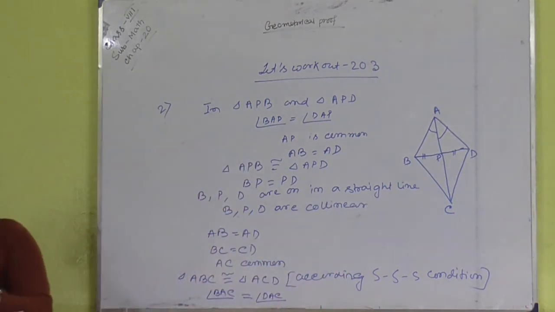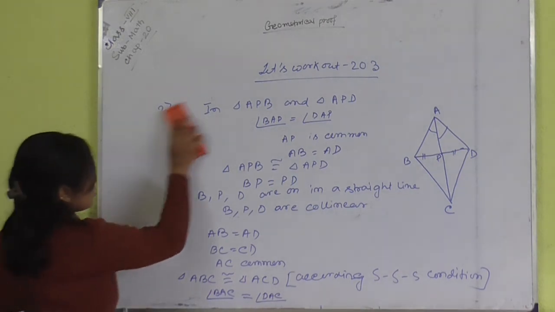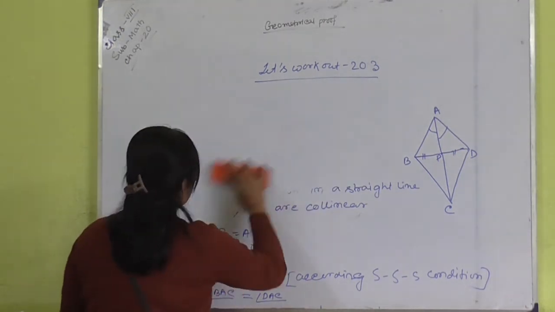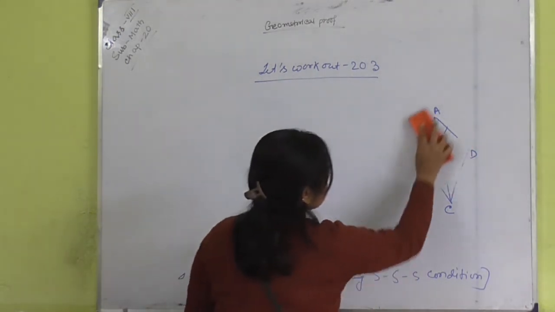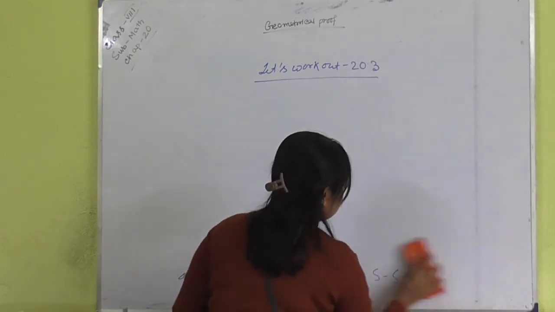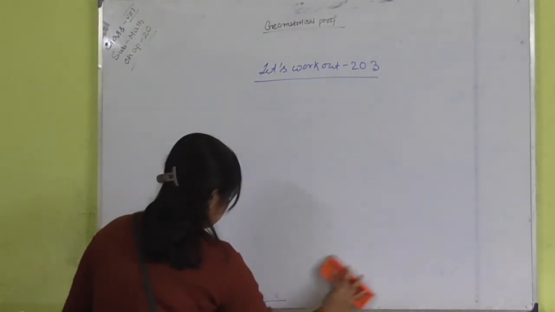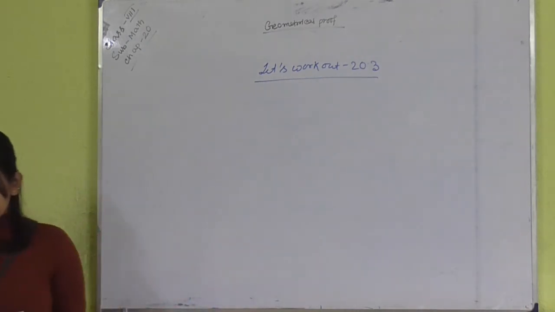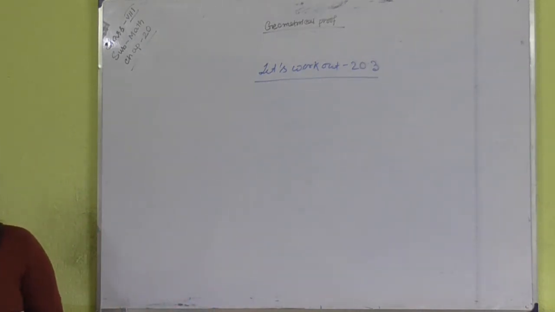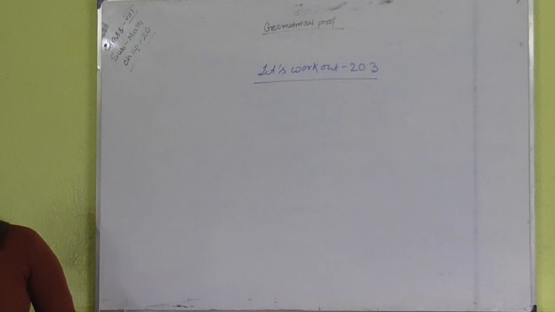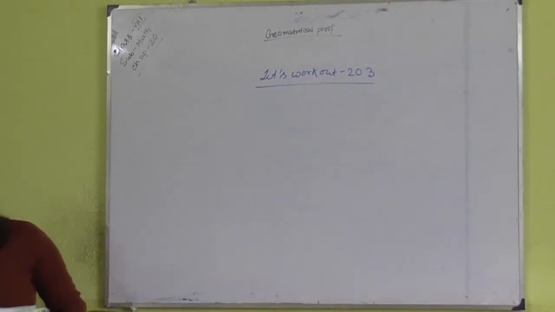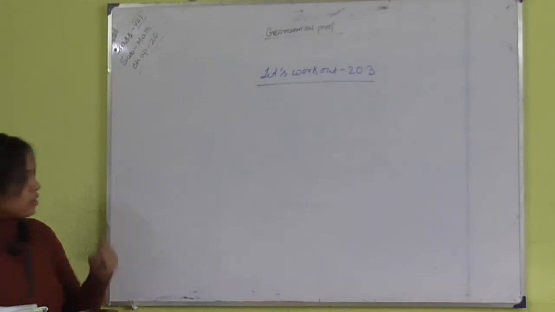Now our next problem, problem number 3. Problem number 3 is: AD is the median of the triangle ABC and the smallest distances from B and C to AD are BP and CQ respectively.